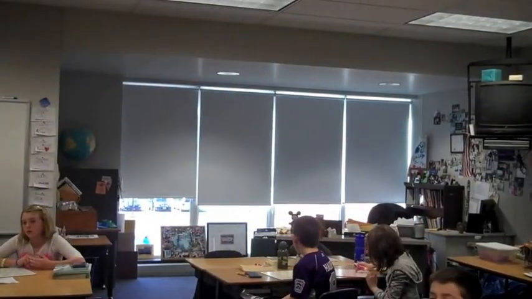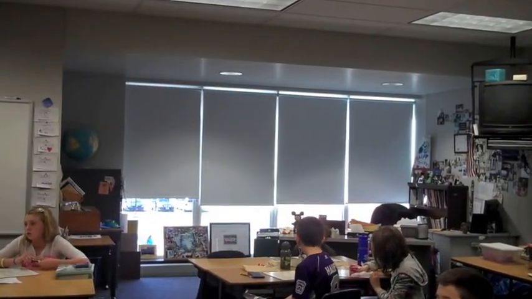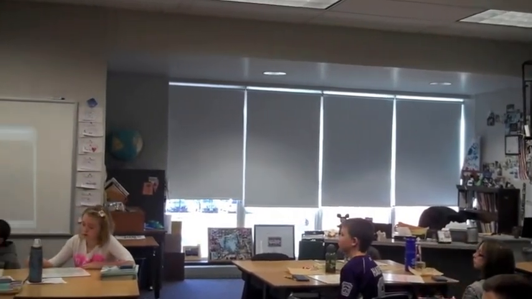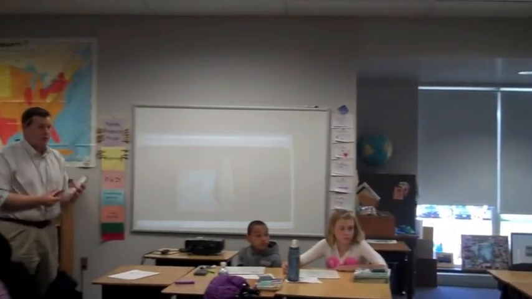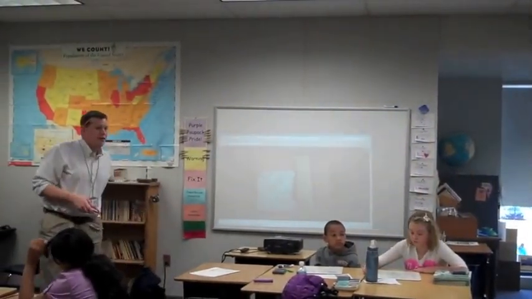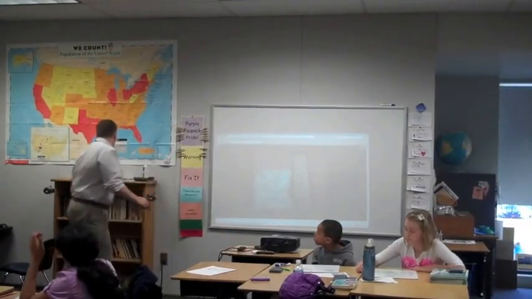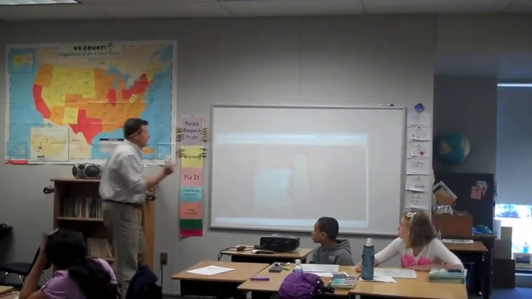Okay. Give me your explanation of how you found that area there. Let's pull your name at random. Rachel. I multiplied 20 and 30 centimeters, and I got 600 square centimeters. Okay.